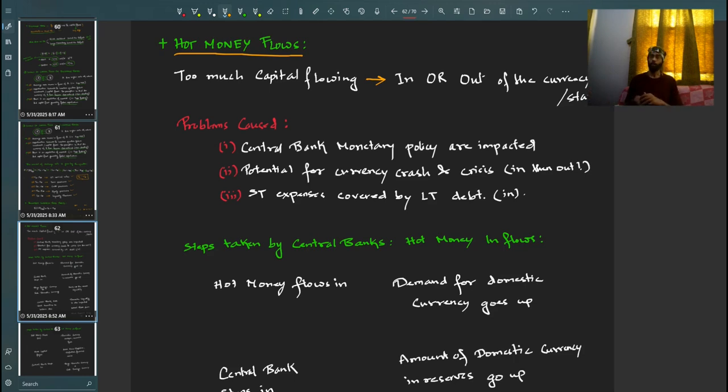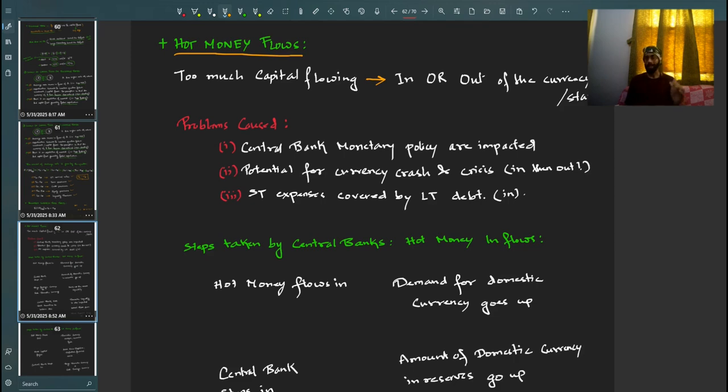But if that is not possible, if hot money is flowing in, the central bank should intervene to balance it out in some way. And if hot money starts flowing out, if it is too late, it was allowed to flow in and now it is flowing out, then also the central banks can intervene and balance it out.